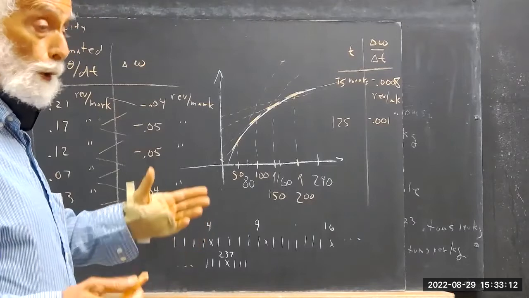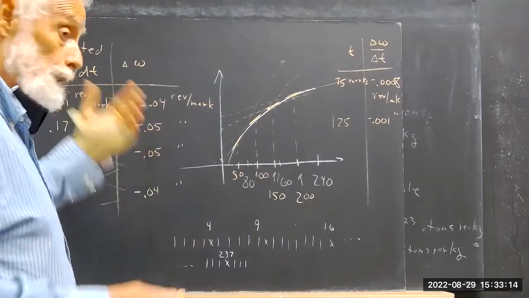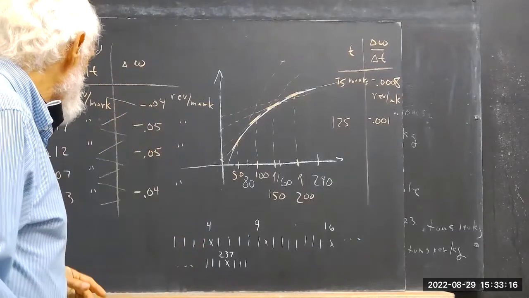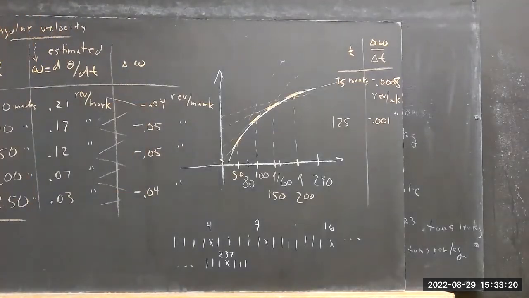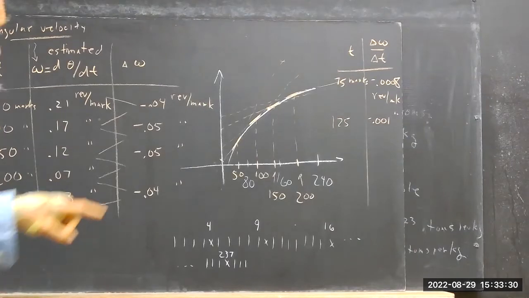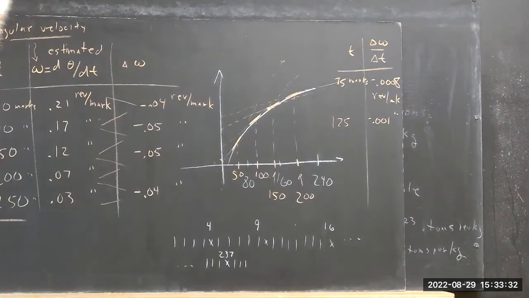And maybe it's like 4.5, and this just came out 4, and this came out 5. So there's pretty plausible evidence here, if this is the way it comes out, that this delta omega for a given time interval is pretty much the same, because all these intervals are 50 marks.